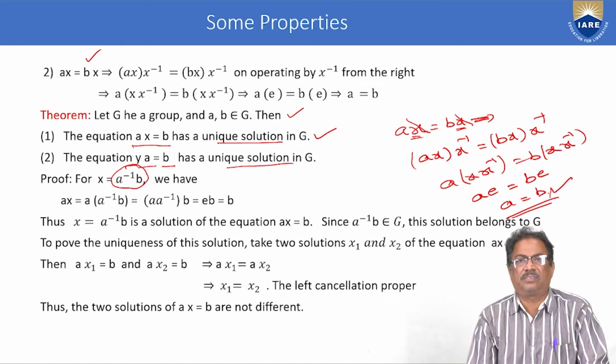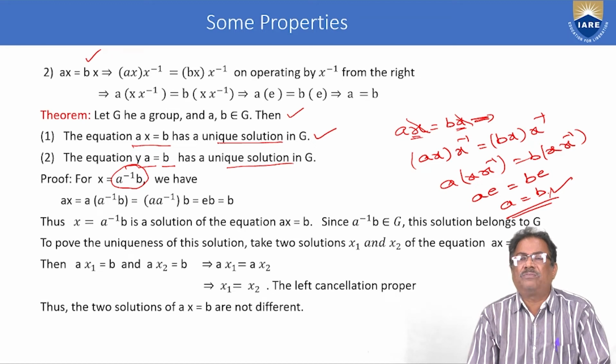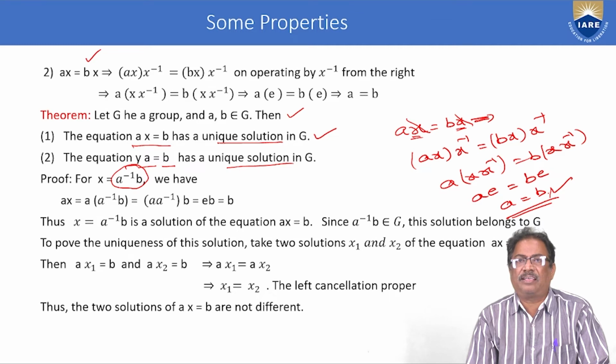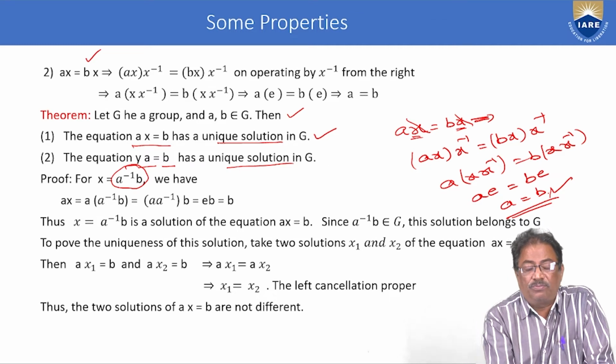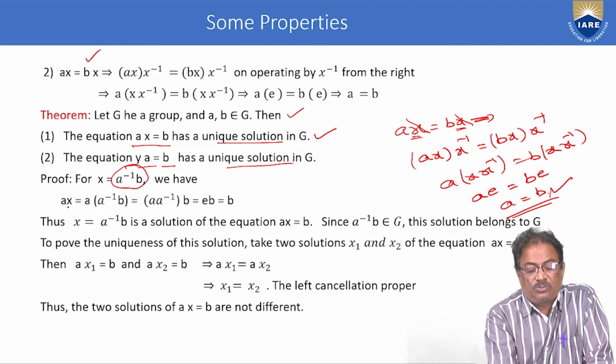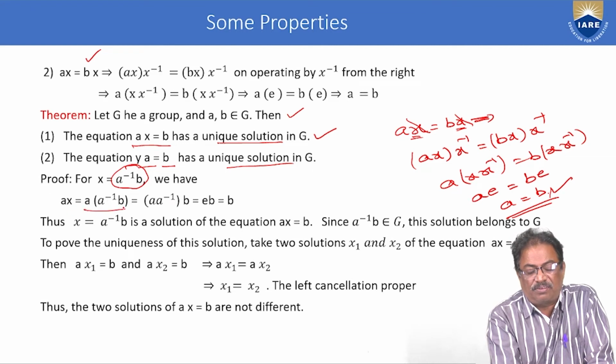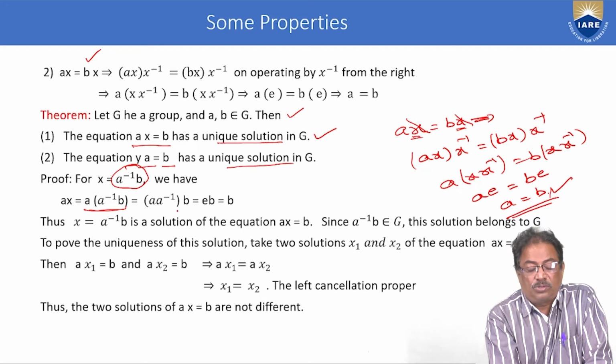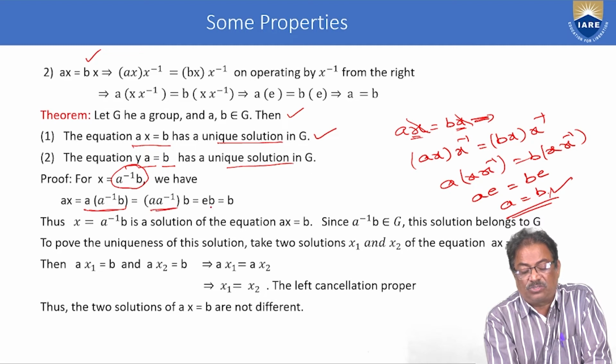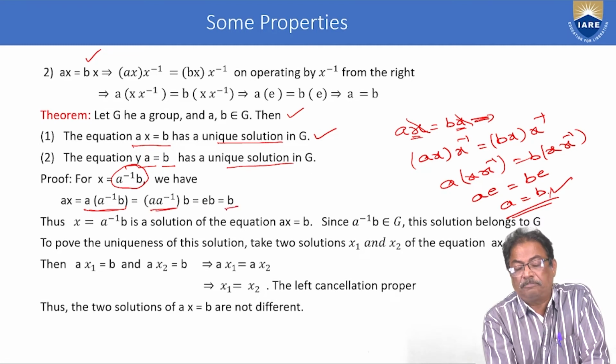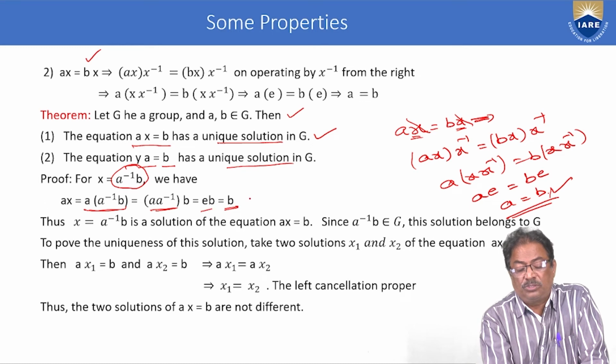So here, the same concept, we are just taking a inverse b. I am substituting into ax = b, replacing x with a inverse b, and we have to verify. So ax is equal to a(a inverse b). Applying the associative law, (a a inverse) b. a a inverse is equal to e, so eb, and eb is equal to b.